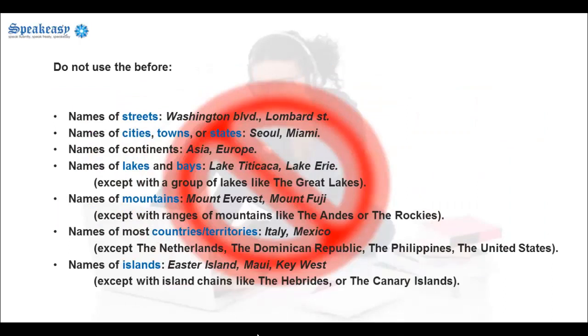So here are examples of situations when we do not use articles. For names of streets, names of cities, towns, or states, names of continents, for lakes and bays, mountains, countries or territories, and islands.